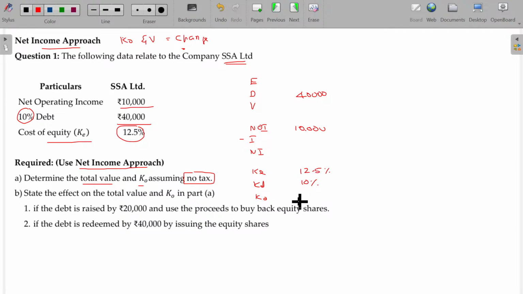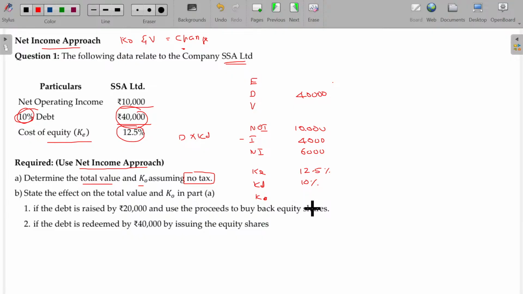Clear? Now you try to feed the rest. You can calculate the interest. Interest is nothing but debt into KD. Debt is 40,000, KD is 10 percentage, so interest should be 4,000. Net income should be 6,000.